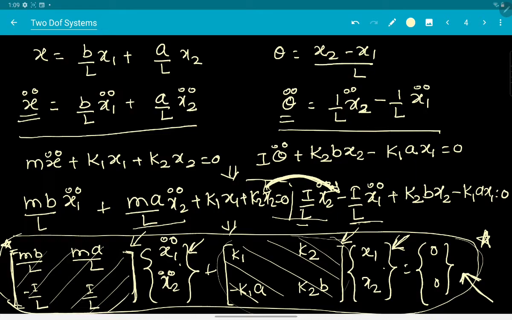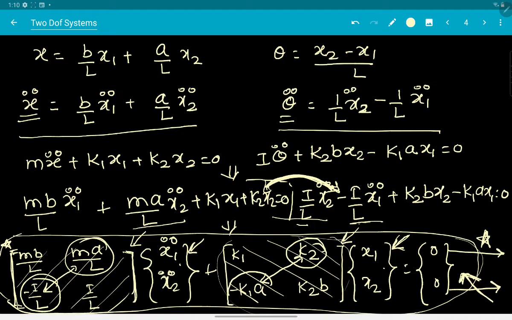So what does this matrix form tell us? It tells us that the two equations are coupled equations. That is, in the first equation, x2 is taking part along with x1. Similarly, in the second equation, along with x2, x1 is also taking part. Why? Because of the off-diagonal terms in the stiffness and mass matrices.